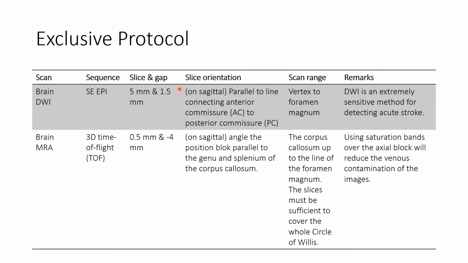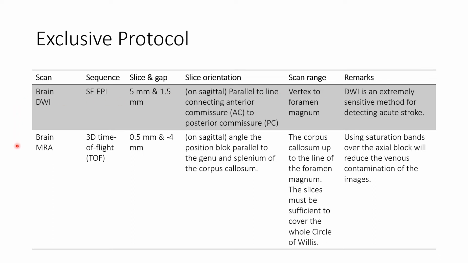So the slice orientation is the same as the T2 or T1. The scan range is also the same, from the vertex to the foramen magnum. And DWI is an extremely sensitive method for detecting acute stroke.